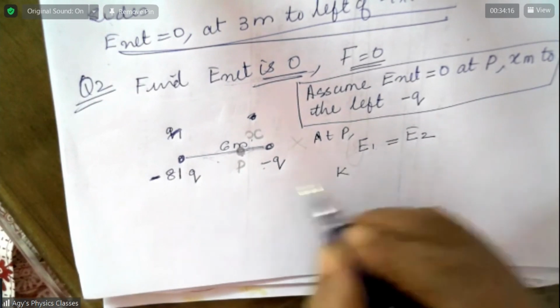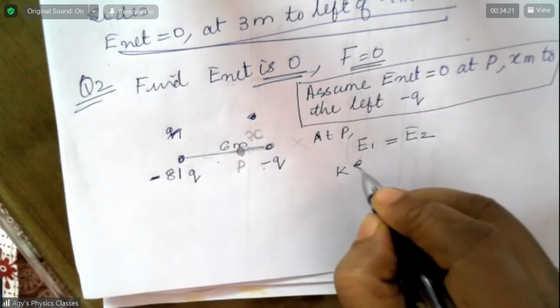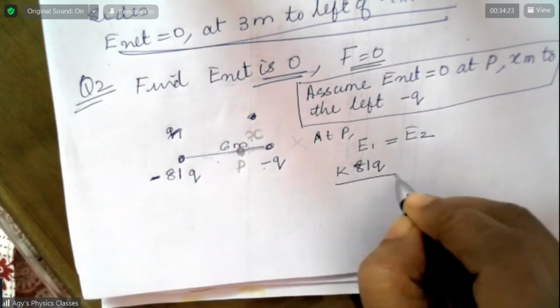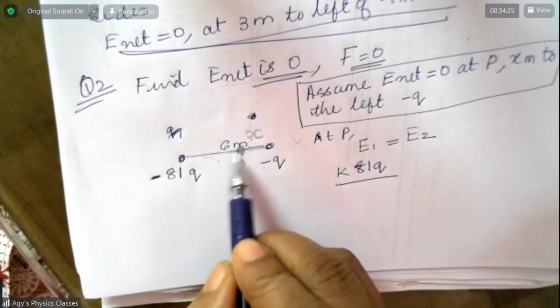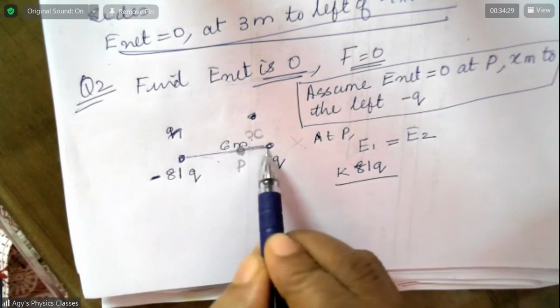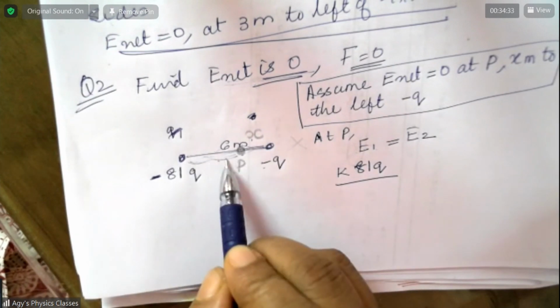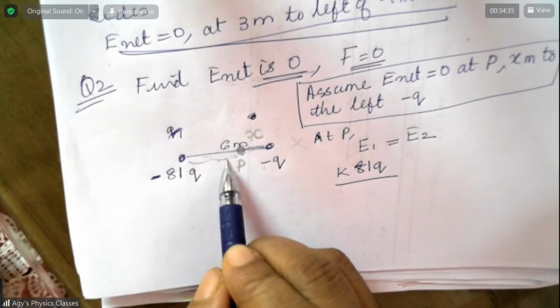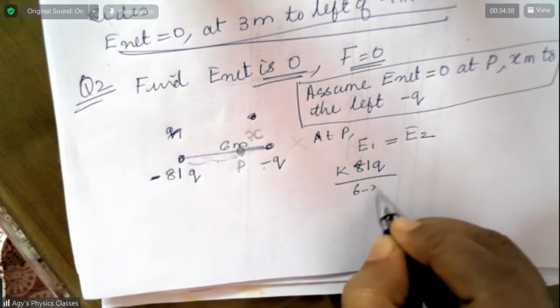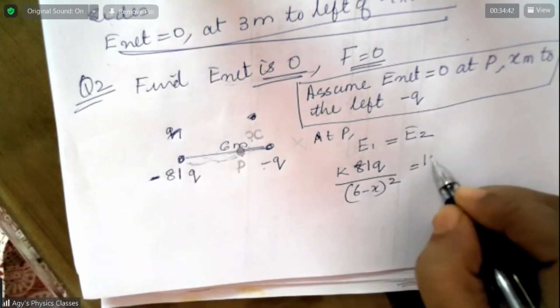So how much is that? k into 81Q, don't put the minus, divided by the distance between this. If the whole thing is 6 and this is x, how much is this? Very good. 6 minus x, the whole square, should be equal to k into q divided by x square.